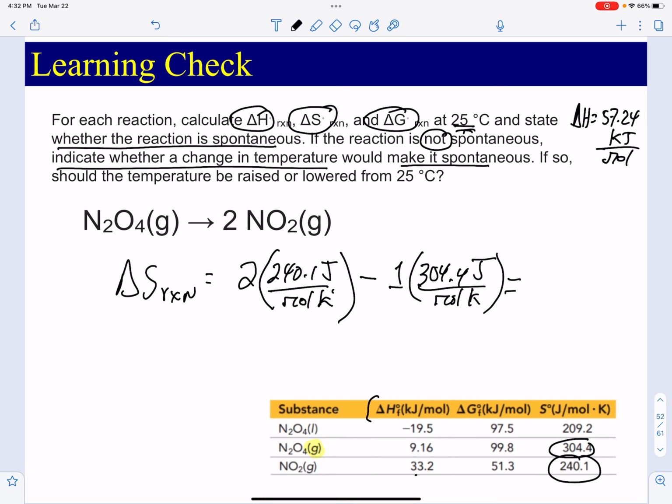This is going to give me 2 times 240.1 minus 304.4. That's going to be 175.8 joules per mole Kelvin. So the entropy of the reaction is going to be 175.8 joules per mole Kelvin.